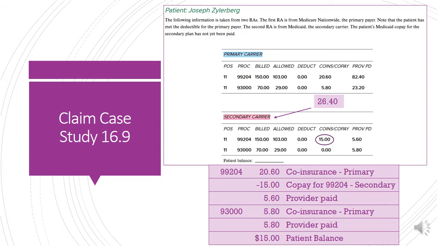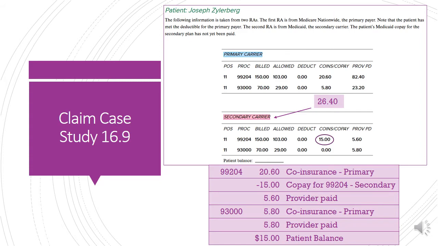To understand how the provider's portions were calculated for the secondary claim, take each procedure line. For the code 99204, the coinsurance from the primary claim that was the patient's responsibility is $20.60. Subtract the $15 copay that the patient owes, and the provider is paid $5.60.